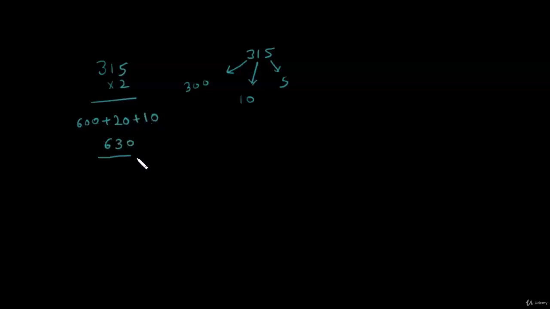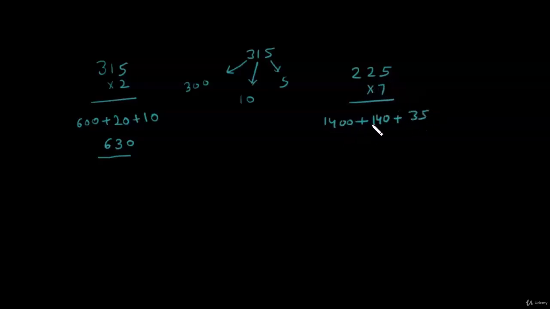So this is how we can extend the technique of writing tables above 100 using the concept of place value of numbers. Let us suppose that we want to find 225 times 7. Now 7 multiplied by 200 is 1400. And 7 multiplied by 20 is 140, plus 7 multiplied by 5 is 35.